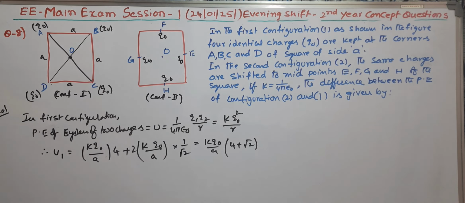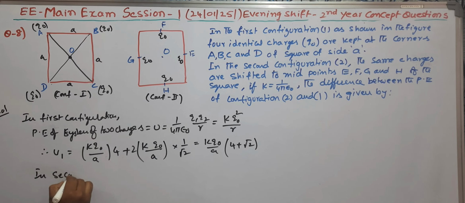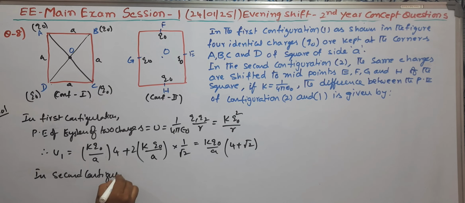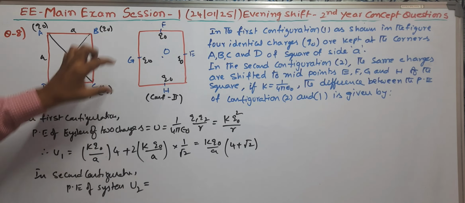Next, the potential energy of the system in the second configuration. U2 is equal to, how many are there?